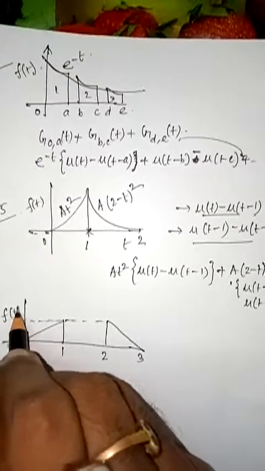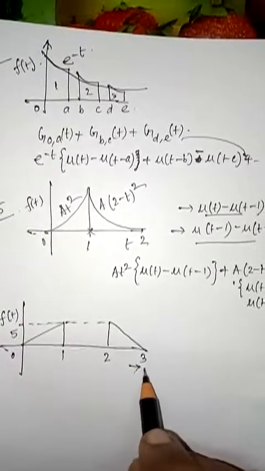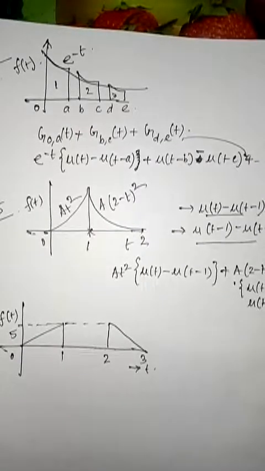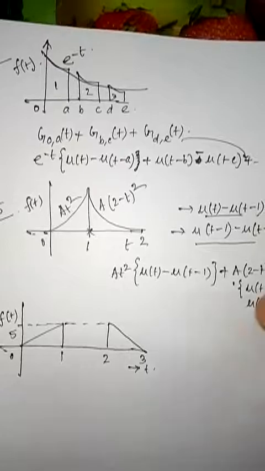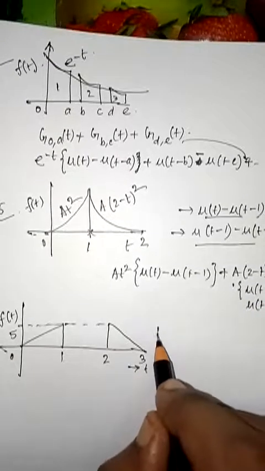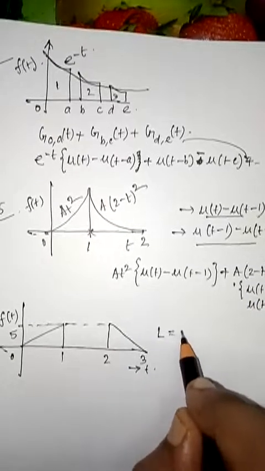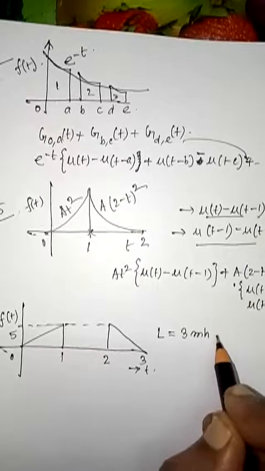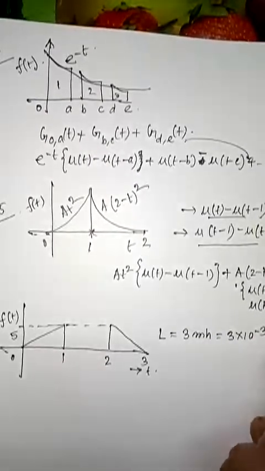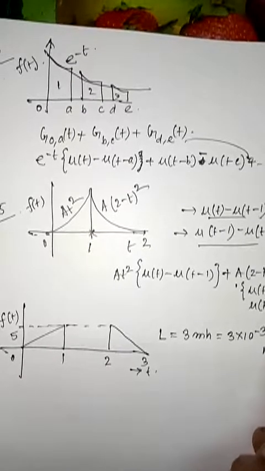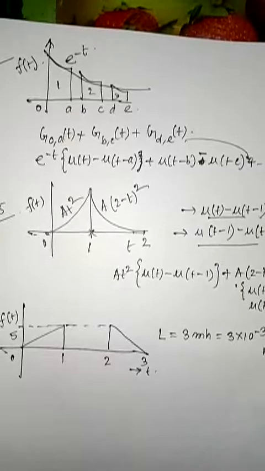So this is f(t) and this is given as t. Now the problem says suppose one inductor is L equals 3 millihenry. It means 3 times 10 to the power minus 3 Henry.